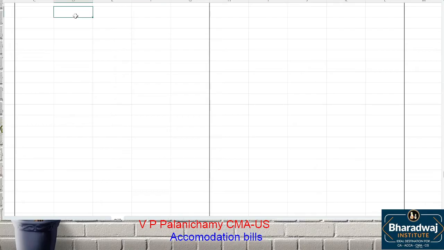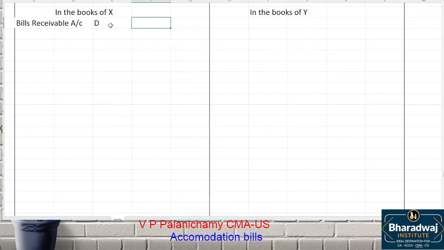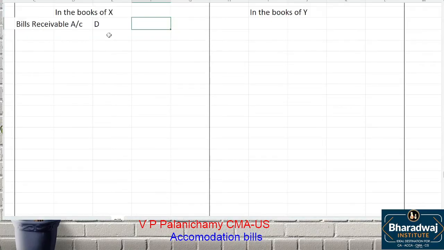Those who tried it, you just tell me, I'll type your answers. In the books of X, the books of Y. First we are drawing the bill. Date and all you put it properly. Bills receivable account debit, how much amount?